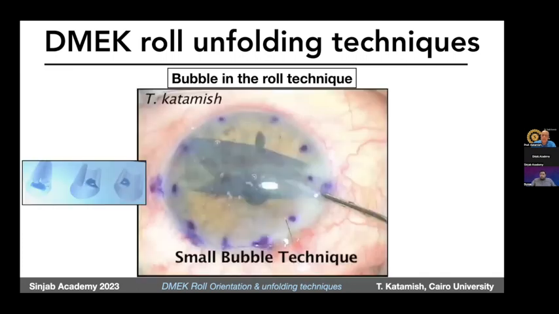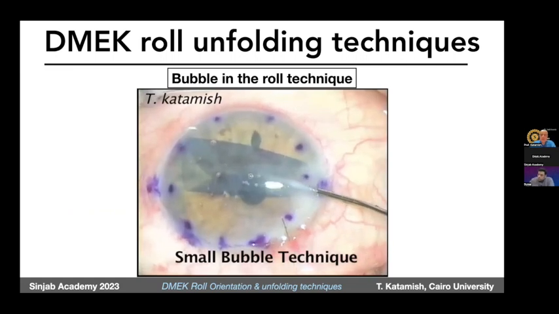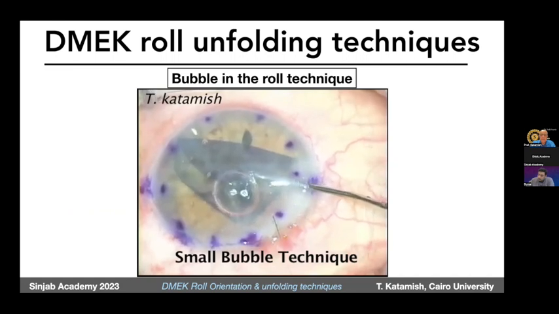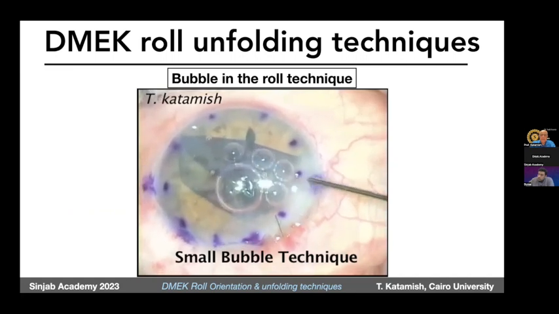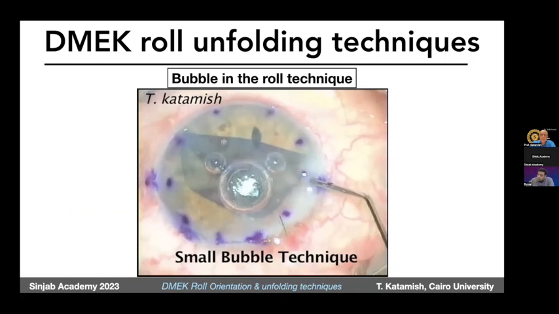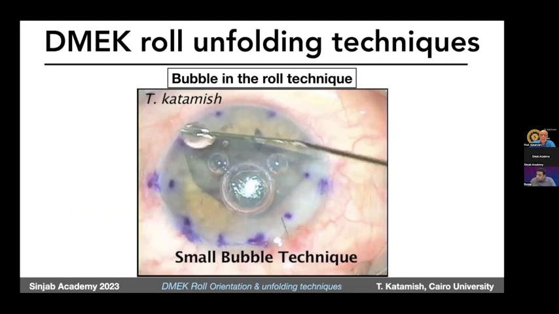Another technique here: you may inject a small bubble. It may come as too many small bubbles, as you see in this example. You can use these small bubbles for the DMEK graft unfolding.